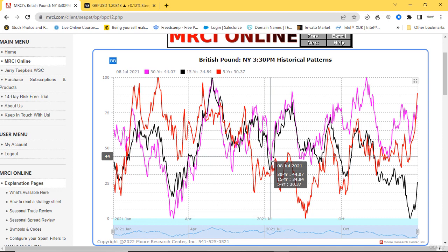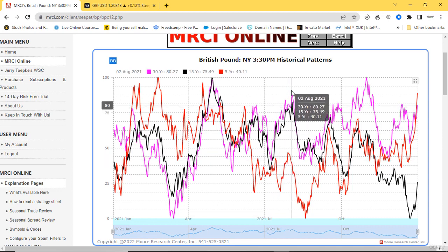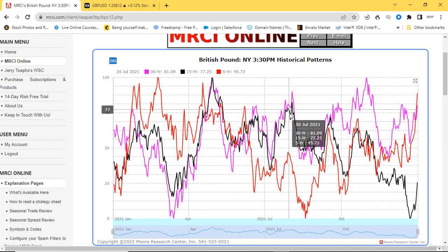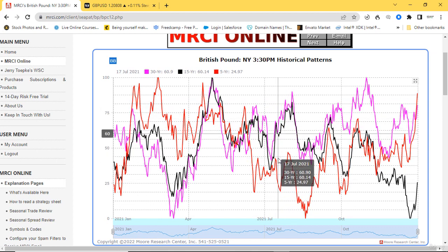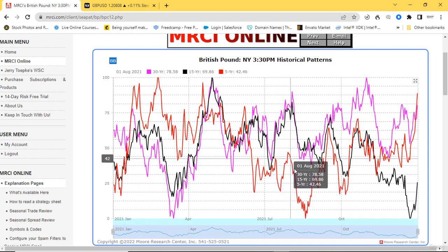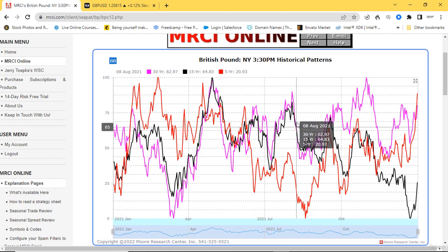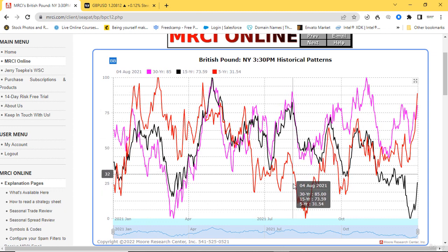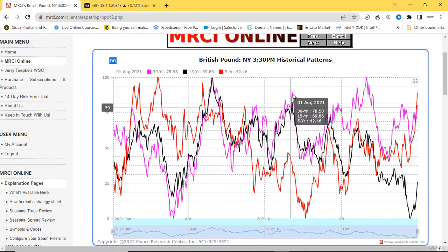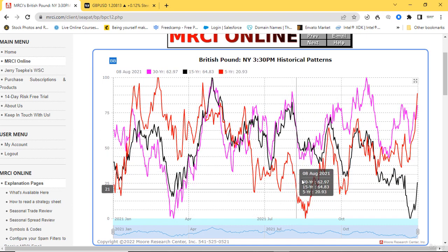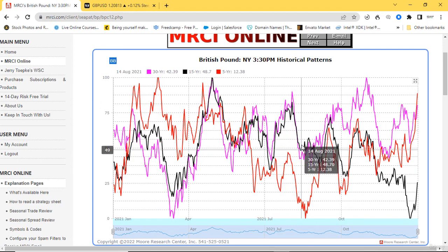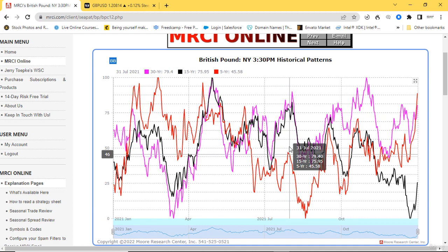From July to August, you're looking at bull between the last 15 and 30 years, but the last 5 years you've seen more of a decline. At the beginning of August, it's consistently a decline over all three: the last 5, 15, and 30 years.